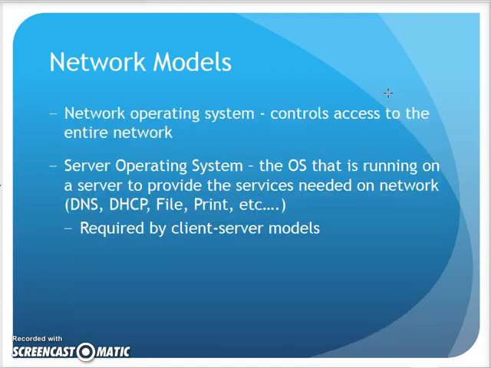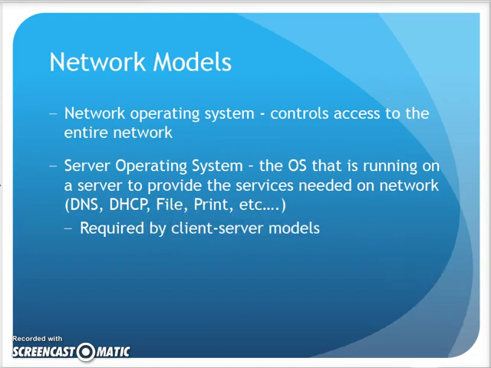Okay, well, let's look at these a little bit more. For us to start talking about these, they mention what's called a network operating system. A network operating system controls access to the entire network, and this is required by your client-server model.